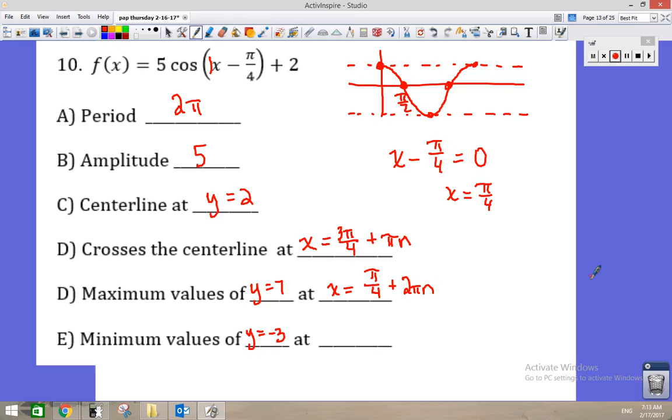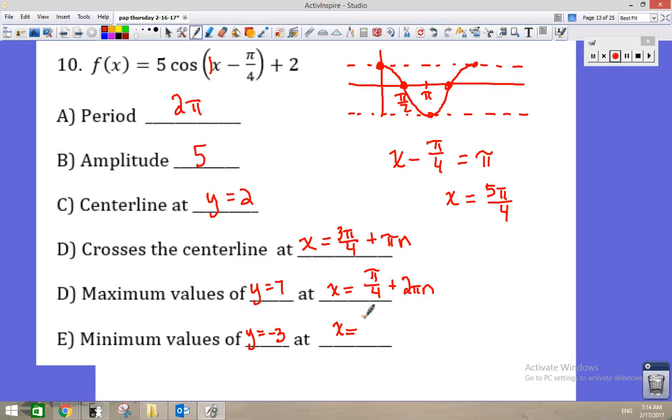The minimum values occur here at pi. The cosine of pi is -1, and 5 times -1 is -5, and -5 plus 2 is -3, and that's a minimum. So if we can just find the value of x that will cause us to take the cosine of pi, we'll be in business. If we add pi over 4 to each side, if x is 5 pi over 4, when you subtract pi over 4, then you'll get pi.